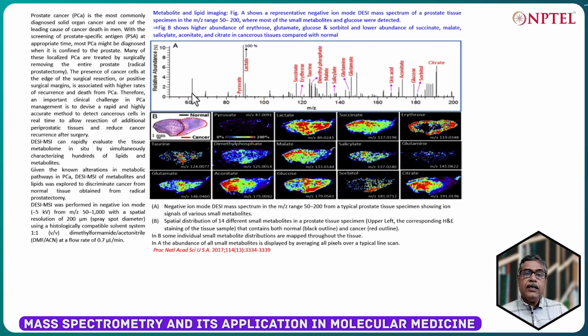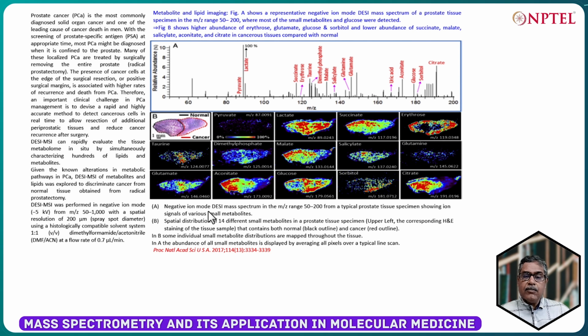Figure B shows the higher abundance of different metabolites across the tissues, like erythrose, glutamate, glucose, and sorbitol. These are higher in abundance in prostate cancer tissues, and there is lower abundance of succinate, malate, salicylate, aconitate and citrate in cancerous tissues compared to normal. So, these are the metabolites higher in concentration and these are the metabolites lower in concentration compared to normal tissue.